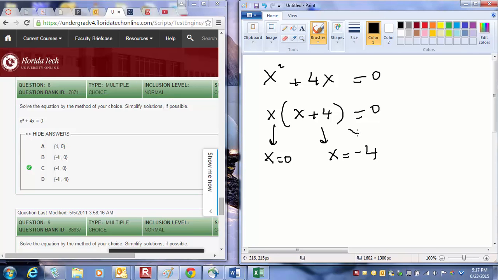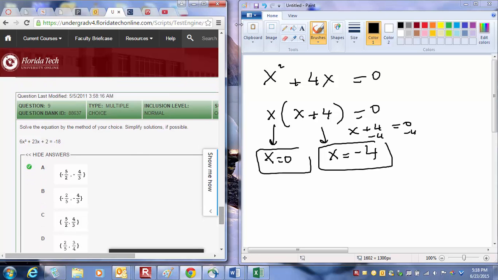Of course, you have to write it as x plus 4 equals 0, subtract 4 from both sides. So these would be the two solutions for this problem, 0 and negative 4, and that would be C is the final answer. C is the answer. And this should be braces, not parentheses.